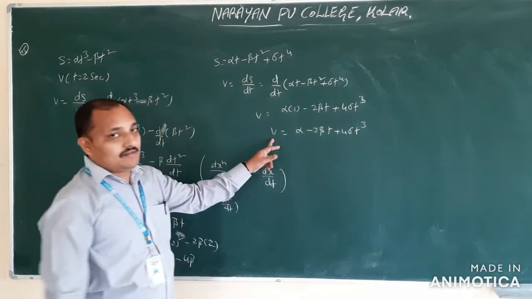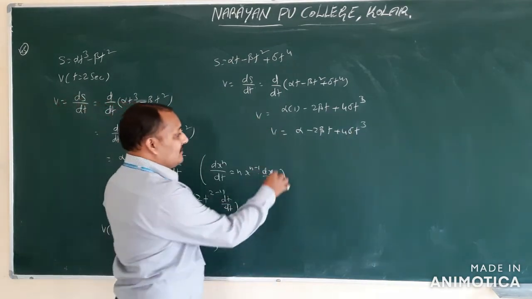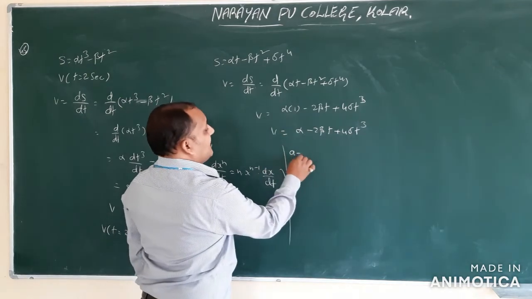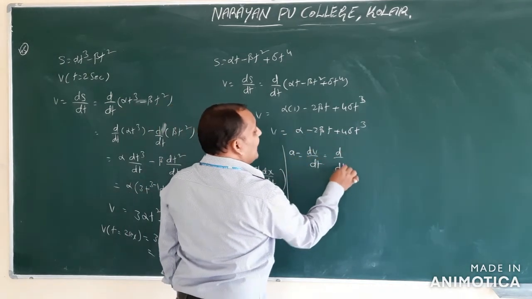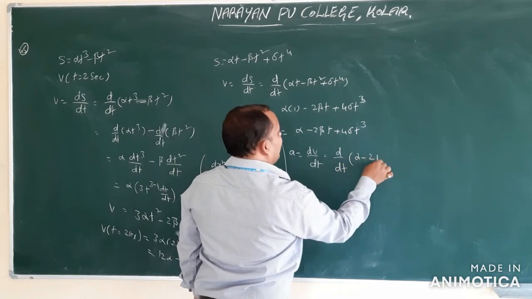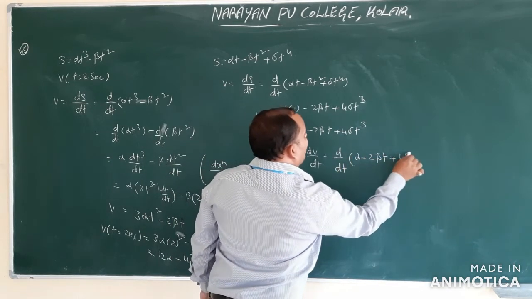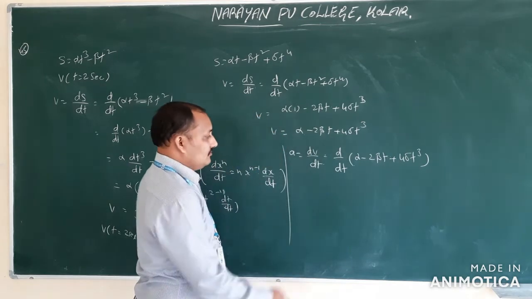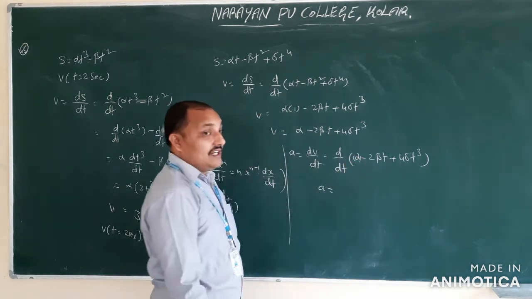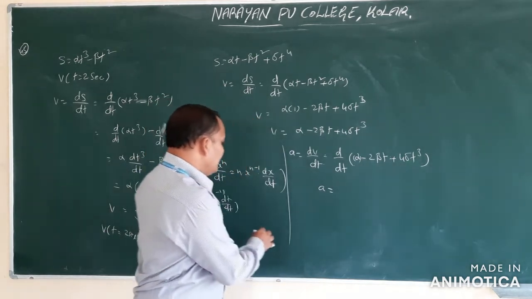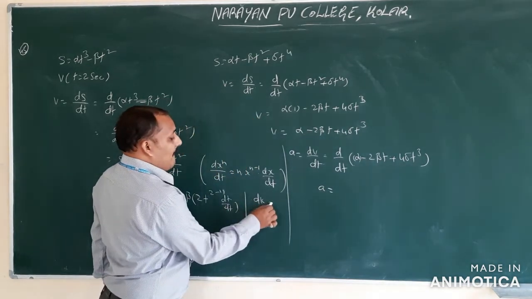This is velocity, but they are asking acceleration. Acceleration means differentiate another time, because A is equal to dv by dt. So d by dt of alpha minus 2 beta t plus 4 delta t cube. Then A is equal to the derivative of alpha, a constant. Derivative of a constant is always 0.